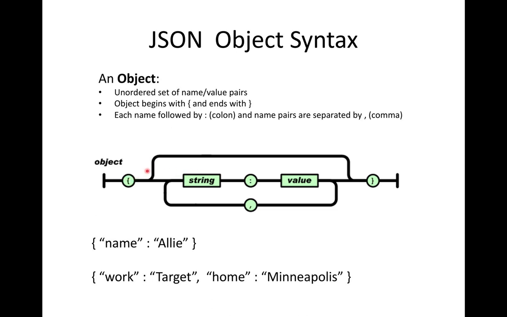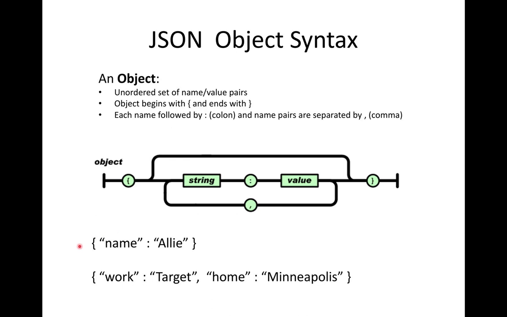If you follow this top path, it takes you to a right curly bracket in the end. So an empty object essentially is just a set of curly brackets. Within the set of curly brackets, then you can put a key value pair. So a string with a colon separator and then a value. And you can have multiple key value pairs that are separated by a comma. That's how you read this sort of diagram.